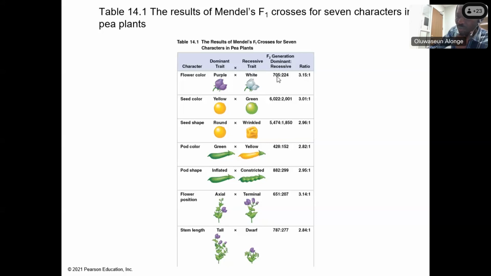This is 3.15 to 1, this 3.1 to 1, 2.96 to 1, 2.82 approximately 3 as well, 2.95 approximately 3, 3.14 approximately 3, 2.84 approximately 3. So all of them were consistently showing about the same variation, 3 to 1. Some are just a little above 3, some are below 3, but it's still all rounded to 3, right? So that was what Mendel realized in all the traits that he worked on, which are about 8.